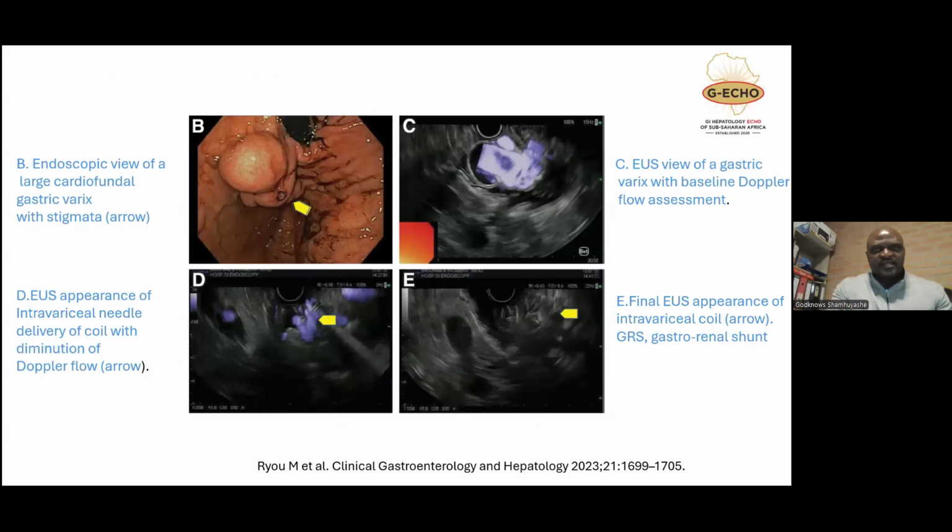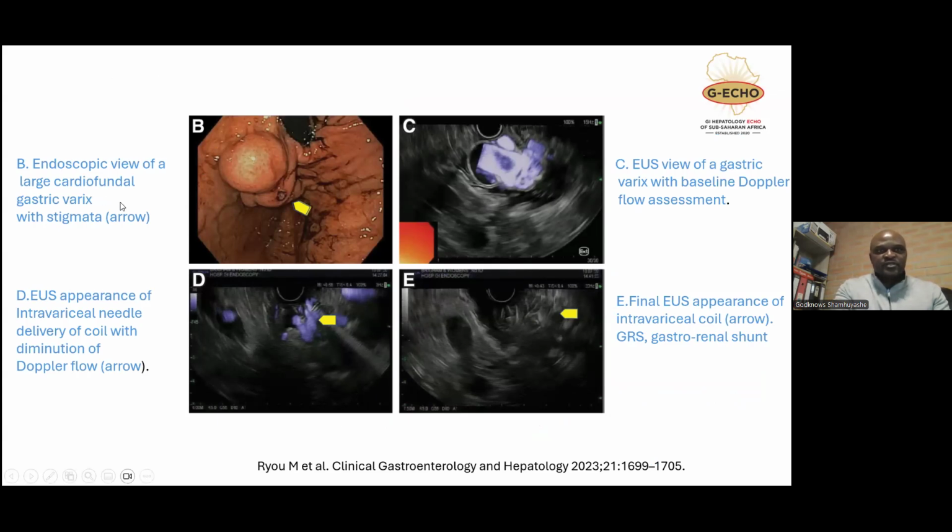This diagram just shows the use of EUS in the management of gastric varices, especially the combination of therapies, that's your glue and the coil.